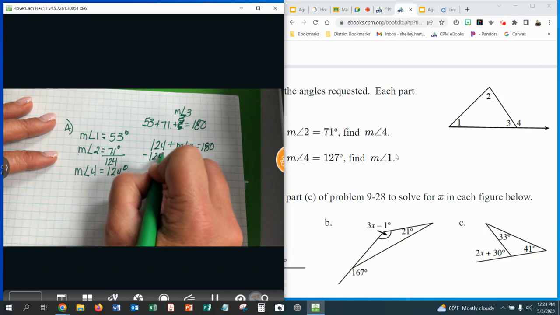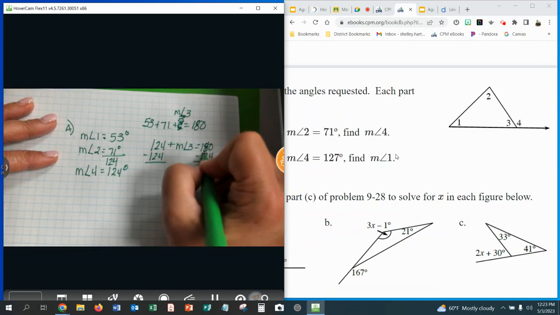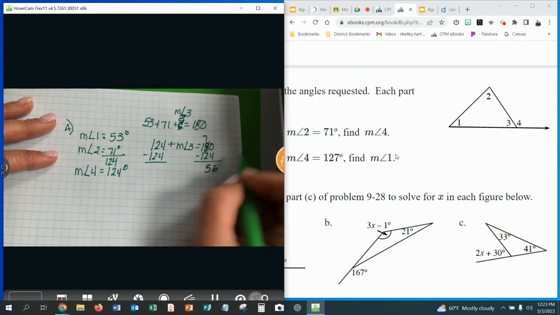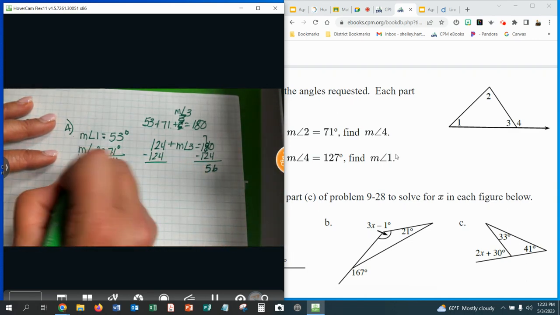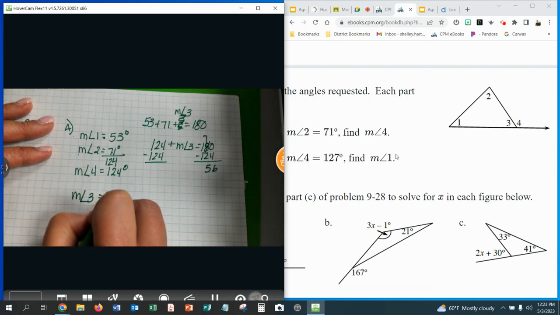Subtract 124 from both sides. That's going to be angle 3 is going to equal 56 degrees.